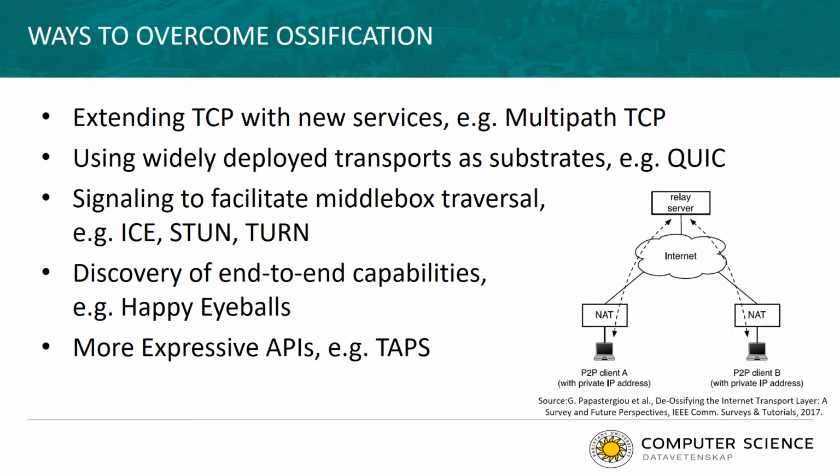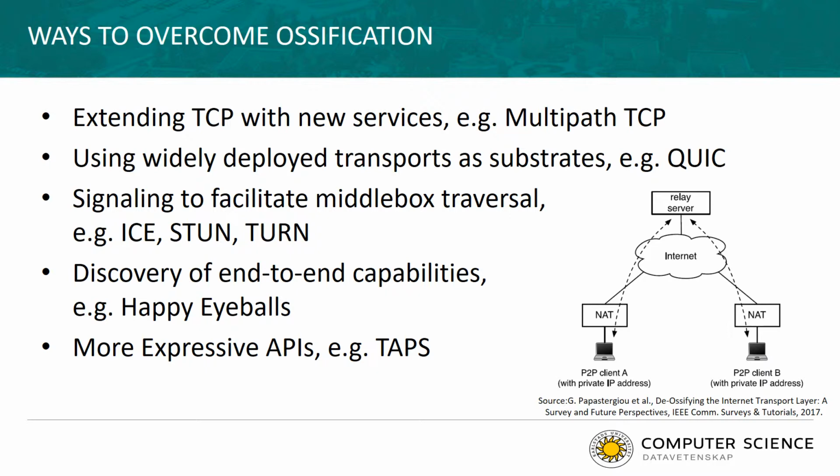Another method is to try and build on top of the transports that do work, so to encapsulate your protocol on top of TCP or UDP. And the prominent example here is the QUIC protocol. The QUIC protocol that is currently under development within the Internet Engineering Task Force is built on top of UDP.